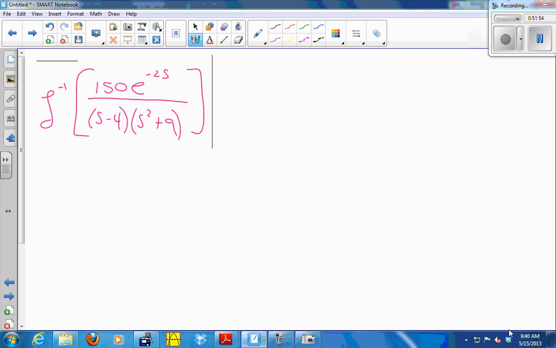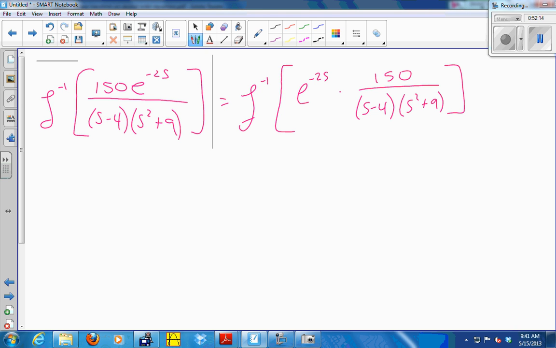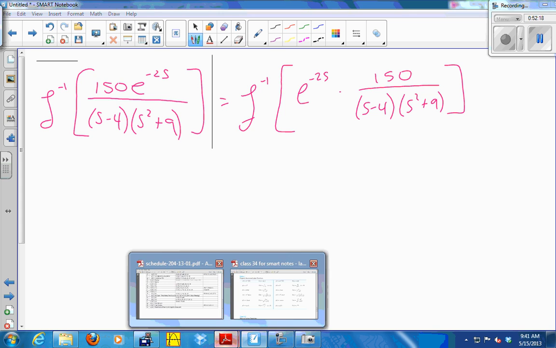Okay, working on the harder piece. So this is now going to be the inverse Laplace transform of e to the negative 2s times 150 over s minus 4 times s squared plus 9. And that does look like something from the table.